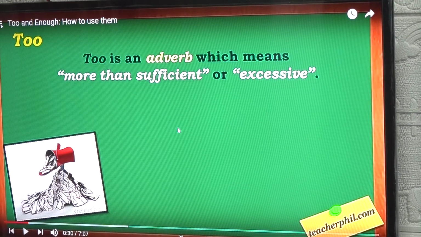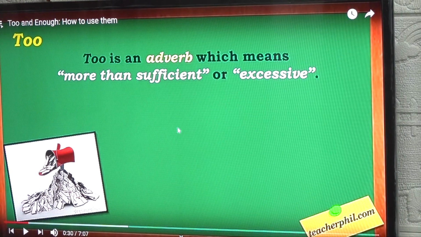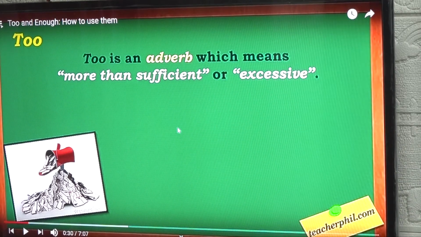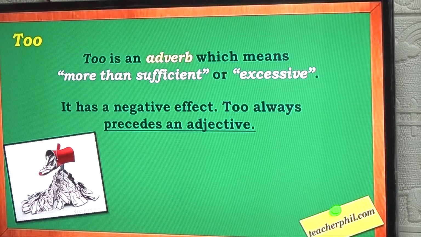So "too" means more than sufficient. Sufficient here means more than you need. So we use "too" to indicate something more than you need. It has a negative effect.